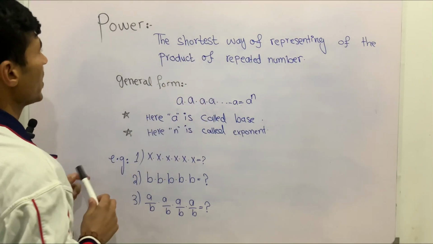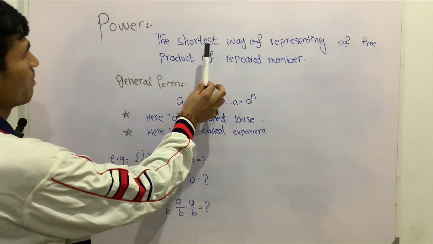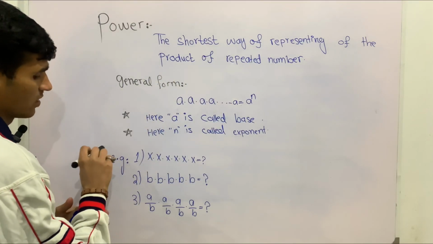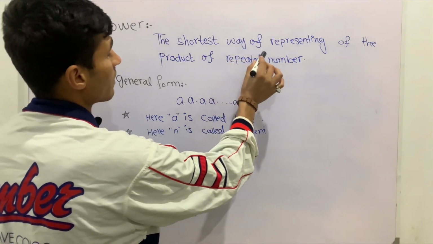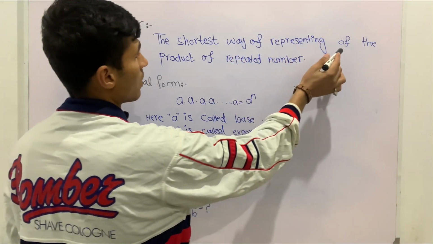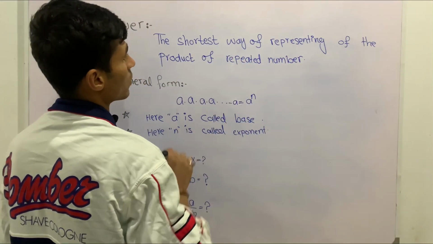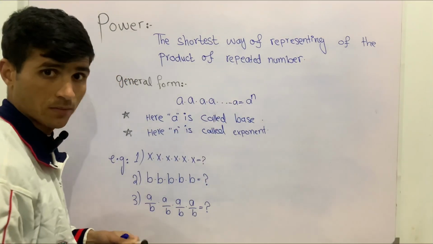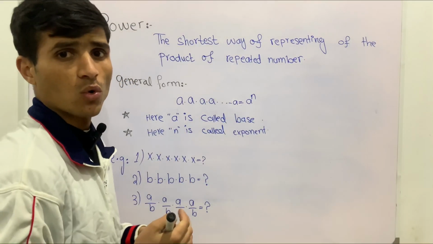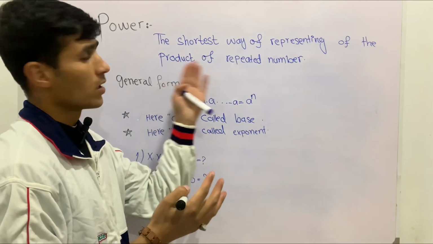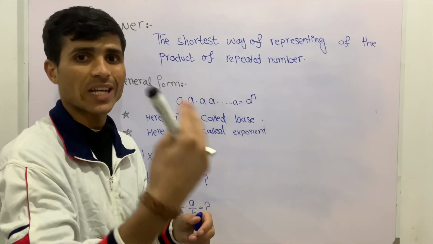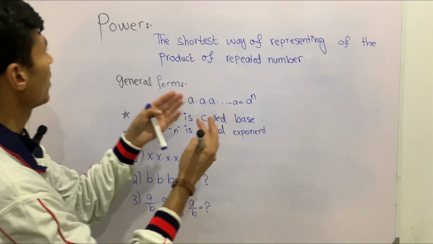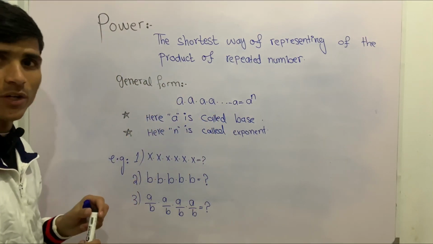A simple definition that I've made for it is: the shortest way of representing the product of repeated numbers. In order to represent repeating numbers in a shorter way, we make use of the power.